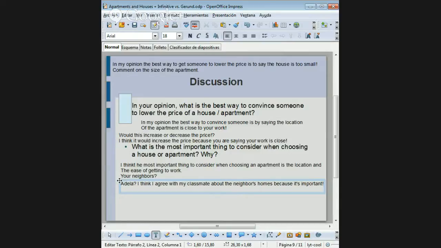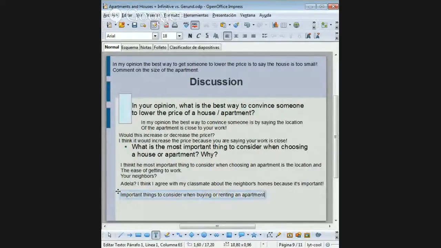I think they are different things to consider when buying or renting an apartment. Yeah, those are important things to consider when buying or renting an apartment. Nice. Really good job.